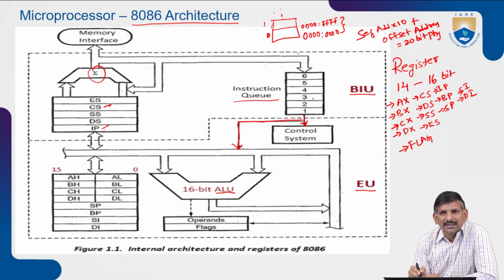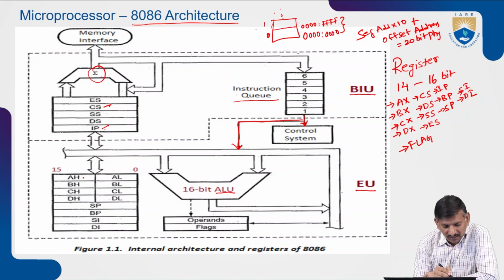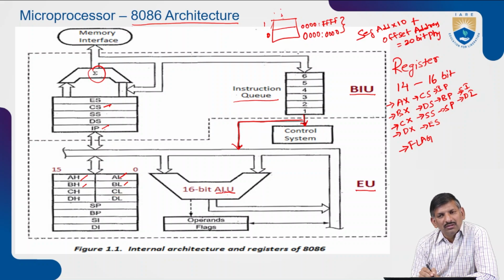Add AX, BX. That instruction comes to the arithmetic and logical unit. While doing this operation, it requires the AX value, that is AH, AL, and BH, BL, which are taken from the accumulator register and BX register. Then the operation is done using the arithmetic and logical unit, and the result is stored in the destination register.